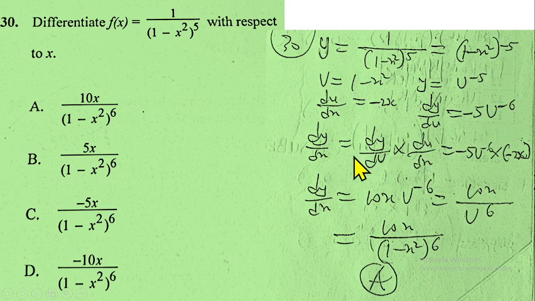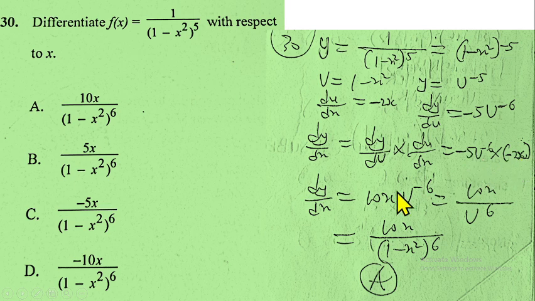Then using the quotient rule, what's the quotient rule? Did I say quotient rule? We are using the chain rule rather, pardon me for that. Using the chain rule, we have dy/dx equals dy/du times du/dx, because if du cancels du here, we have dy/dx back. So dy/du is minus 5 u raised to power minus 6 times du/dx, which is minus 2x. Minus times minus gives us plus.